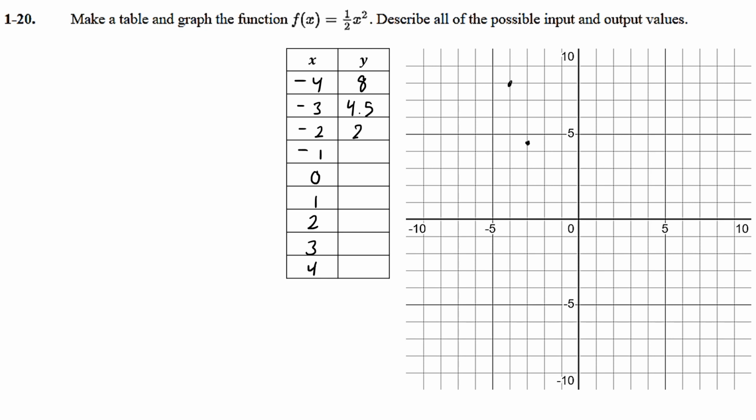Half of 4 is 2, so -2, 2, sorry. -1 squared is 1. Half of 1 is a half. So I'm going to use decimals. So -1 gives me a half. 0 squared is 0, and half of 0 is still 0.